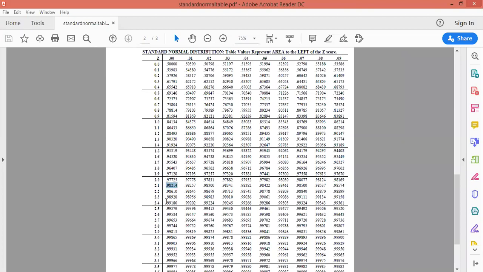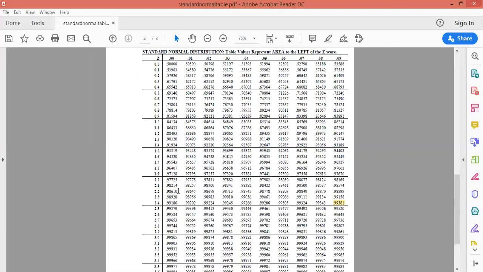Here is the 2.4 and here is the 2.49. Just highlight that, highlighted with yellow. 2.49 is 0.99361. So you can note down this value 0.99361, that is ND1.